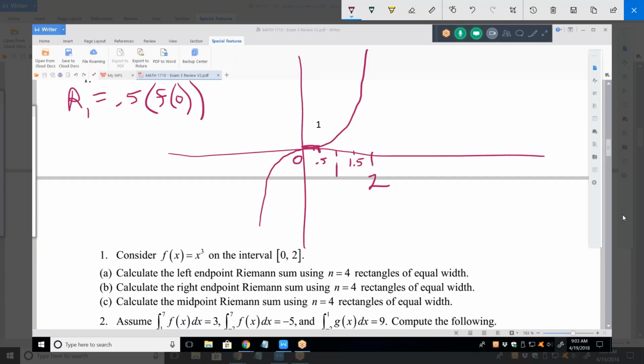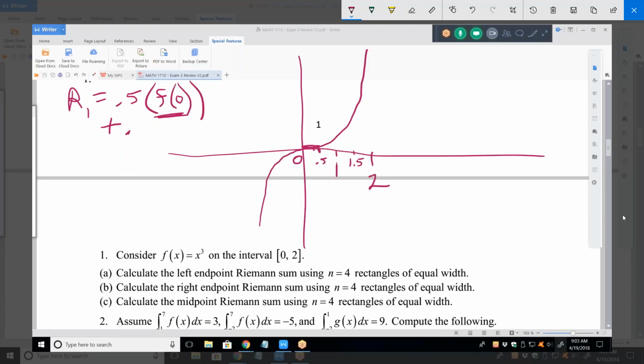I use that notation because that's really what you need to learn here, is how to measure the height of all of these rectangles. And it's always the function evaluated at its left-hand endpoint or its right-hand endpoint. So what is the second rectangle here?